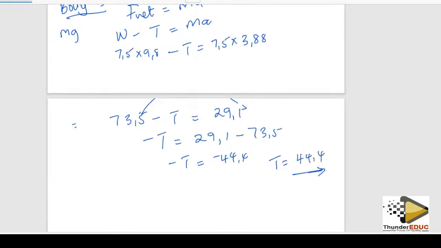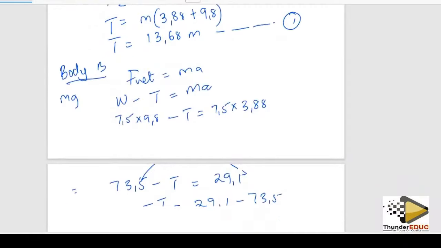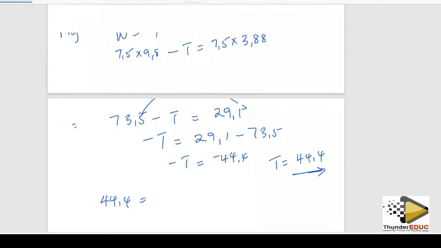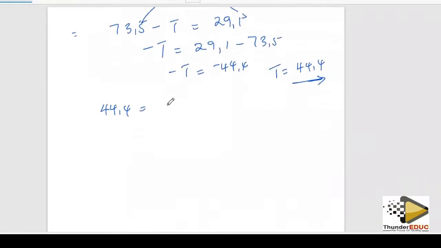Then I'll get this tension and substitute it into the first equation, which means 44,4 is equal to 13,68 M. And then I can divide both sides by 13,68.